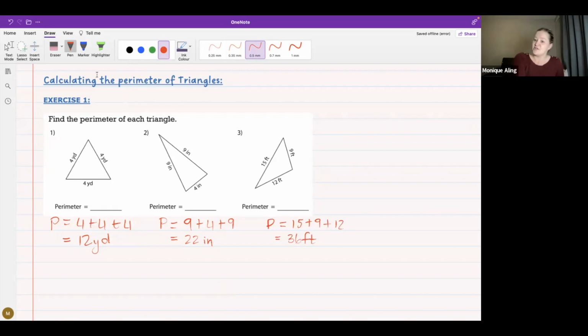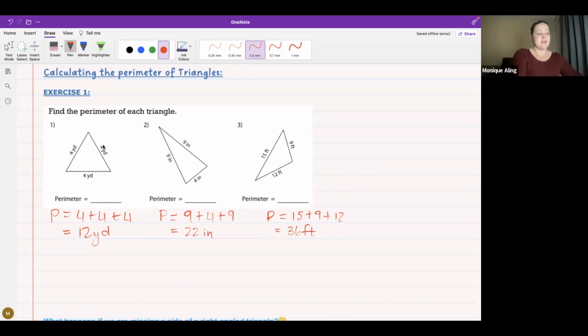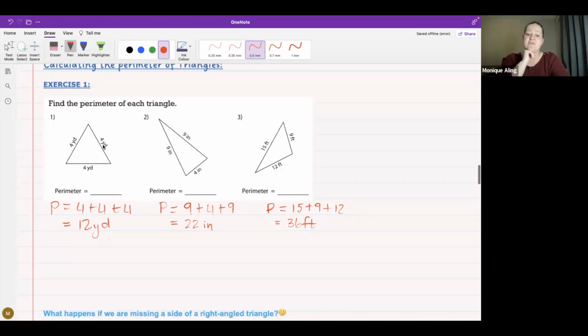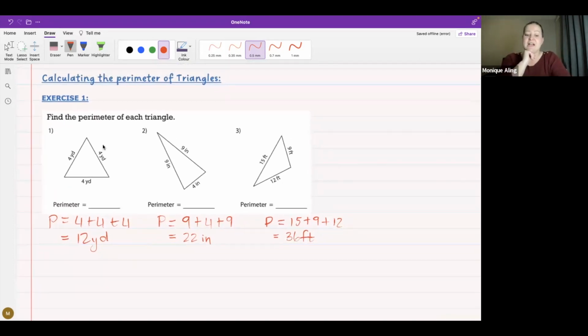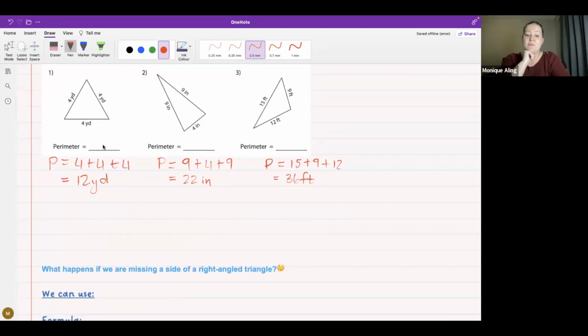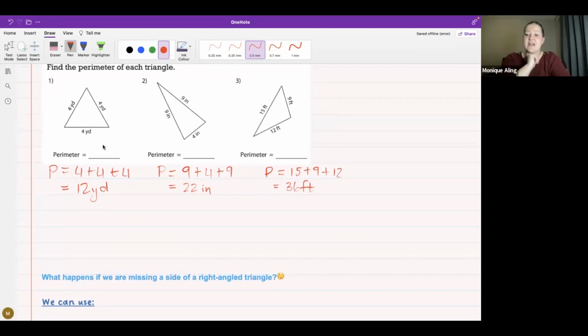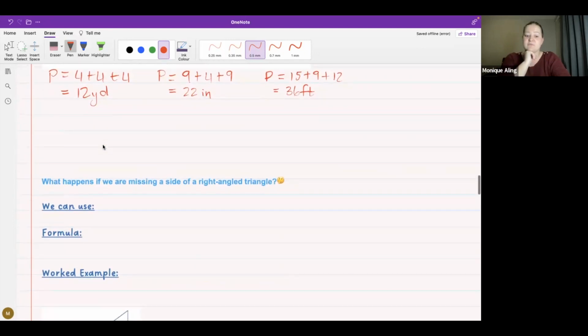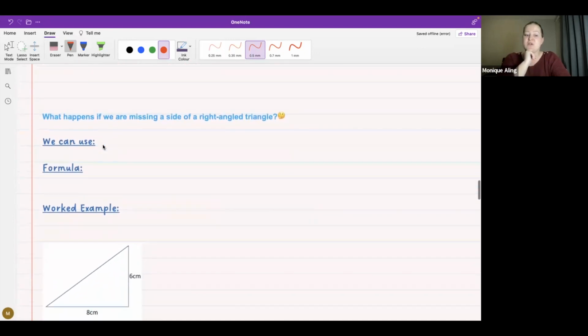Okay, so nice and easy. Like I said, circles are the more complicated one when it comes to perimeter. But now let's just step it up a little bit with triangles. So at grade 12 level, we might be faced with a situation. What happens if we are missing a side of a right angle triangle? Does anyone know what happens?